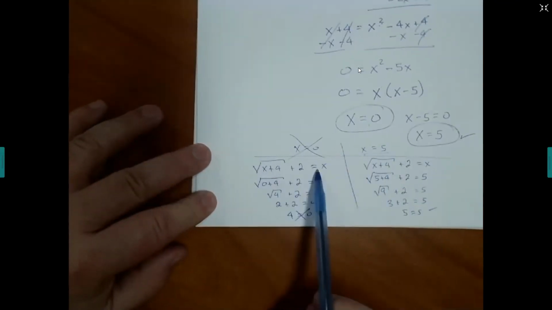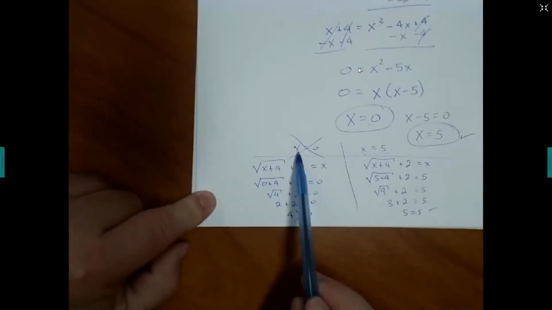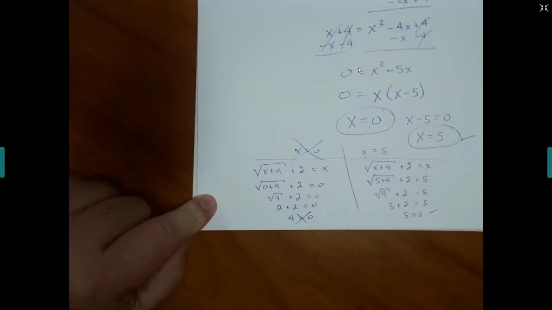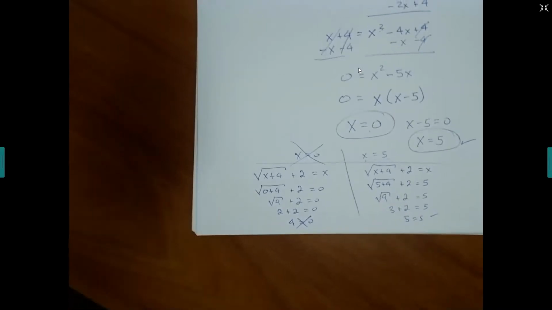So here's the original equation. Anywhere I see an x, I put a 0. 0 plus 4 plus 2 equals 0. 0 plus 4 is 4. Square root of 4 is 2. 2 plus 2. Does it equal 0? No. Yeah, this is just a check section.